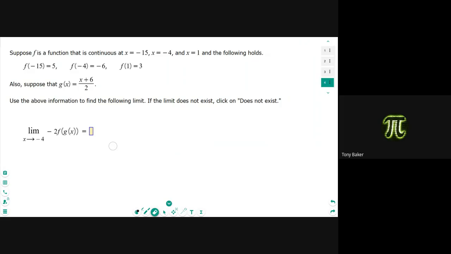So we're looking for the limit as x goes to -4 of -2f of g of x. And they give me that g of x is this. So what we need to do first, we work from the inside out. Because of the way this is set up, I actually can find the limit as x goes to -4 of g of x.